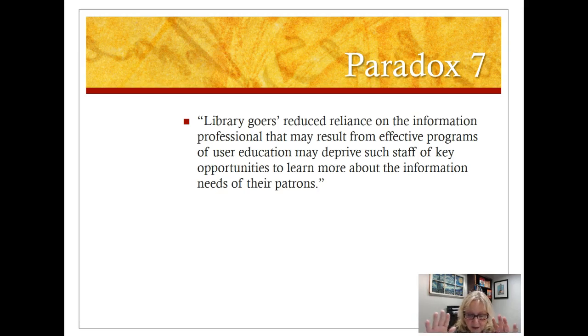So in other words, your students understand how to do research so well that they never come to you for help, and therefore you don't know what they're looking for. I think that school librarians would be lucky to spend enough quality time helping students do research to get to this point, and I just don't think that it's going to happen.